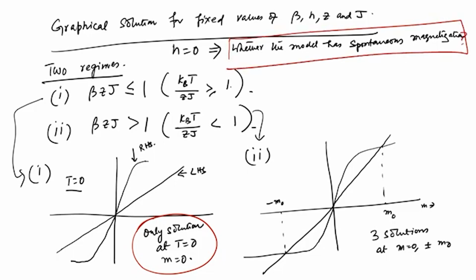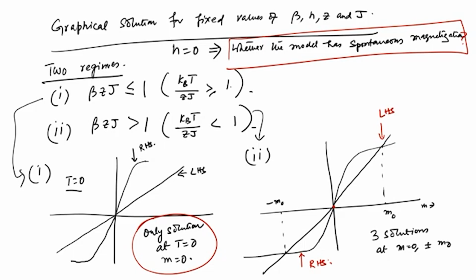So, that is the question that we ask and try to answer. All right. So, we put h equal to 0, and it gives you these two limits. In one limit you have a solution only at m equal to 0, there is only one crossing, and in the other there are three crossings. One is that ideal point, this m curve. So, this is your LHS and this is your RHS.